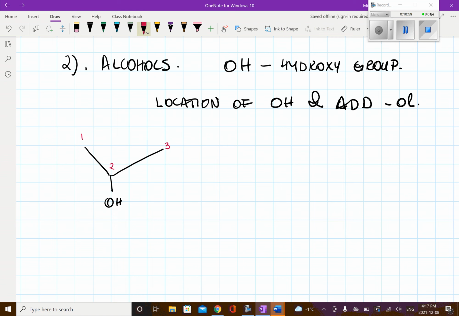If we were naming it, it would be propane. But what we do is we drop the E and then we name it as prop.